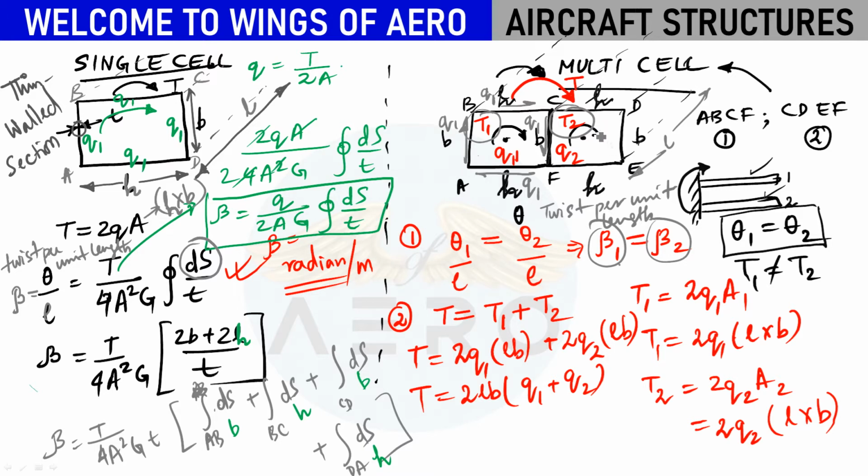Here we will again have a different shear, occurring in this direction. This wall CF carries two different shear flows: one acting downwards, that is Q1, and another acting upward, that is Q2.